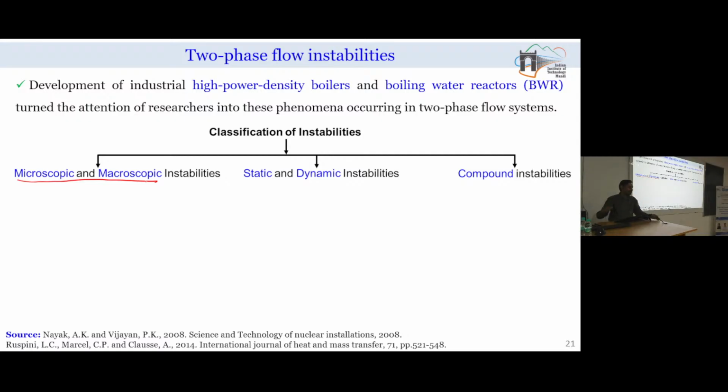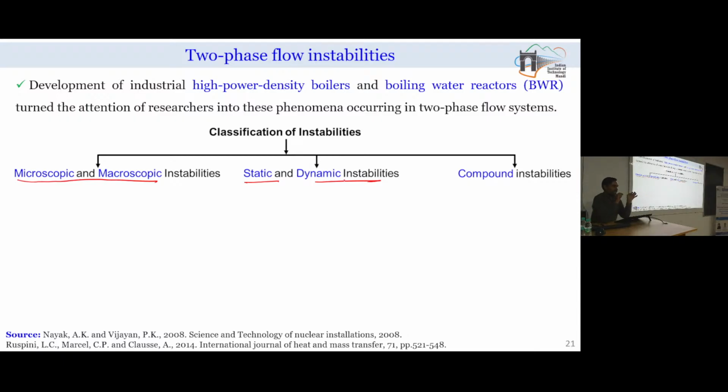In terms of macroscopic instabilities, this system is entirely coupled to a large number of components. So whatever flow reversal you are observing or fluctuations in the flow rate you are getting, whatever changes in bulk parameters are taking place with time, come under macroscopic instabilities. We also have static and dynamic instabilities.